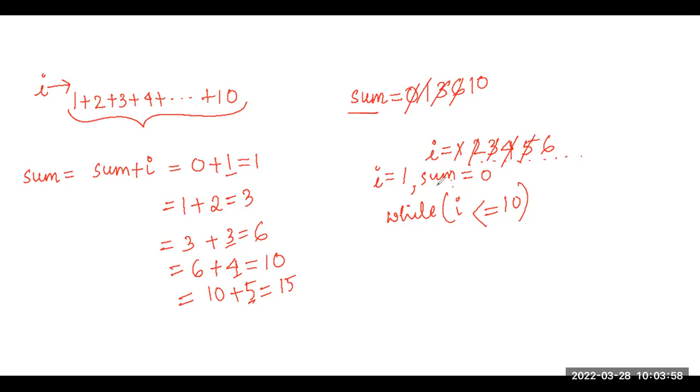And why do I initialize this sum to 0? Because if I take a variable and I am not giving that variable any particular value, then for the first instance, 0 plus 1, I am not giving sum any particular value. पहला स्टेप होने के बाद sum में कुछ value आ रहा है.